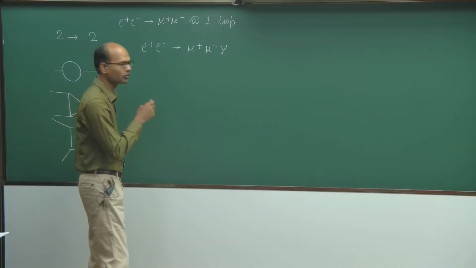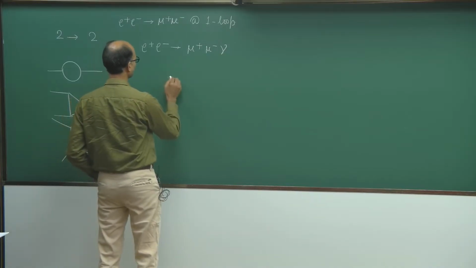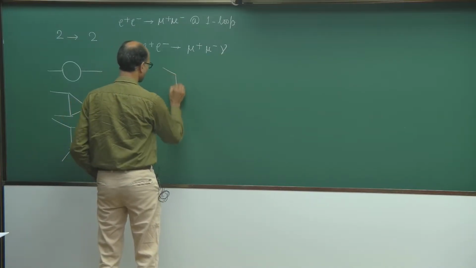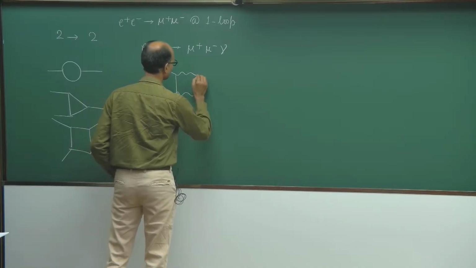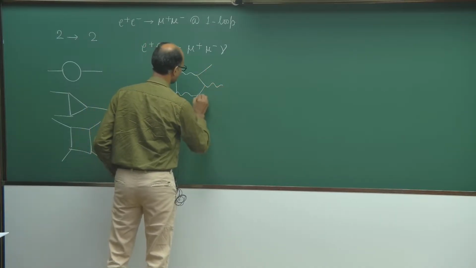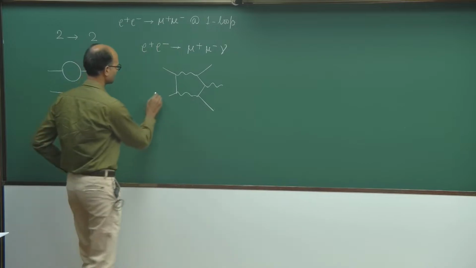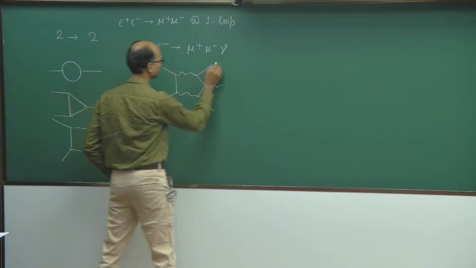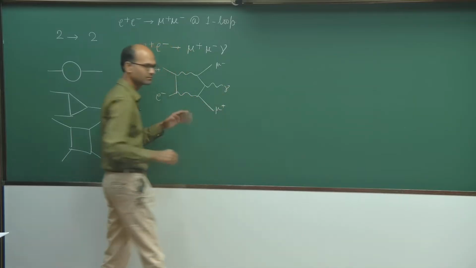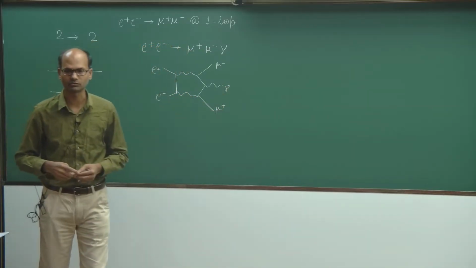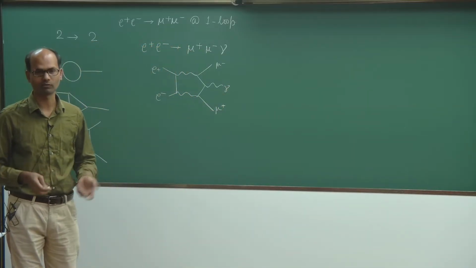When you go on doing it, you are going to come across a diagram like this: e minus, e plus, mu minus, mu plus, and a photon. This would be a new type of diagram which would appear in your computation at one loop level.